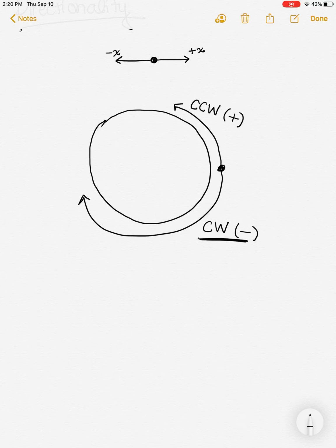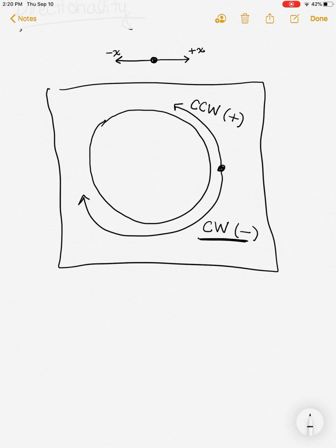And let's just say we have something speeding up in the clockwise direction, we're going to have a negative alpha. If the object is slowing down or decelerating, then our alpha is going to be positive. So overall, directionality is extremely important, and this is just the overall convention. Why is it this way? I don't know, but this is the convention that we use.